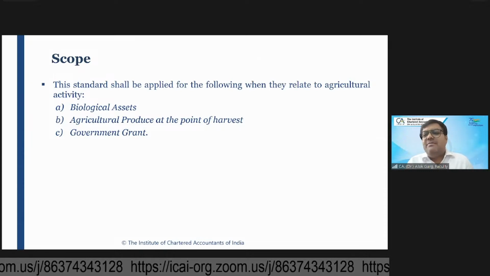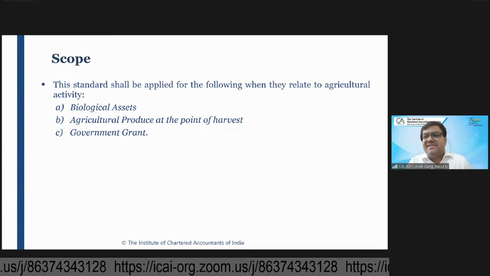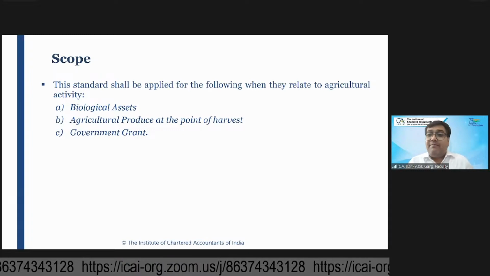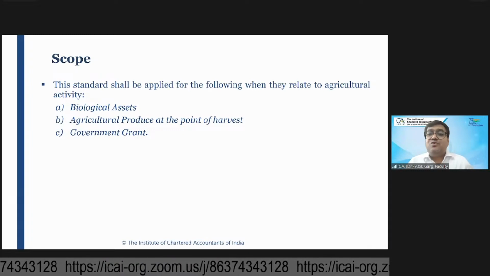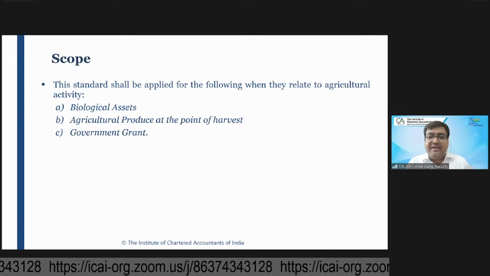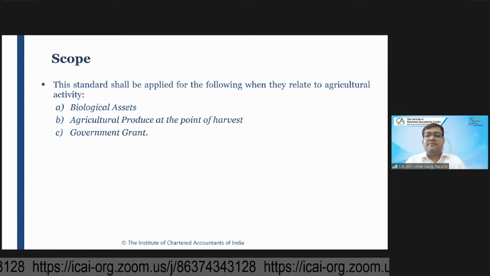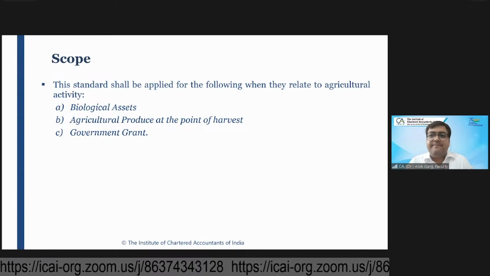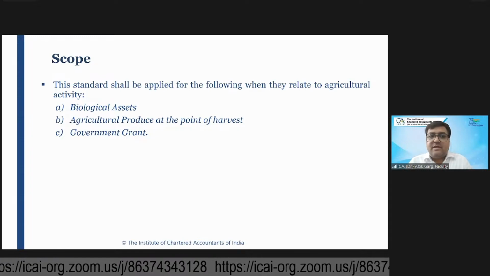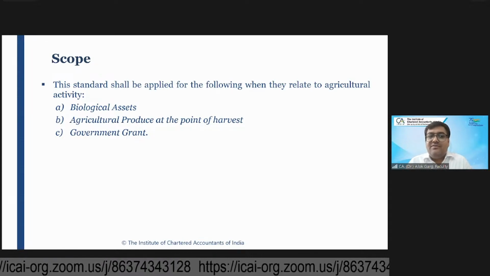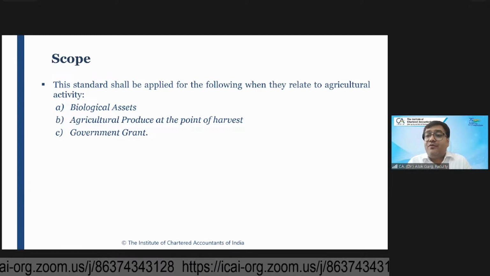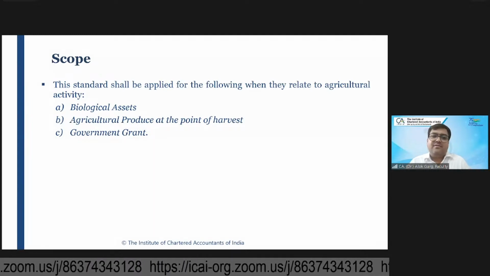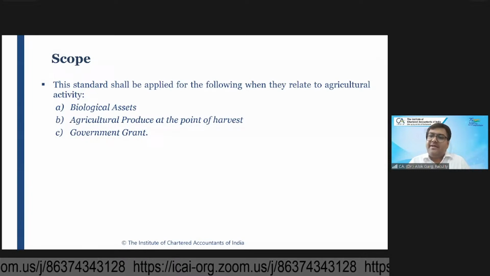So these animals are living animals, and they are biological assets. But are these animals used for agricultural activity? The answer is no. These animals are used for entertaining the audience.